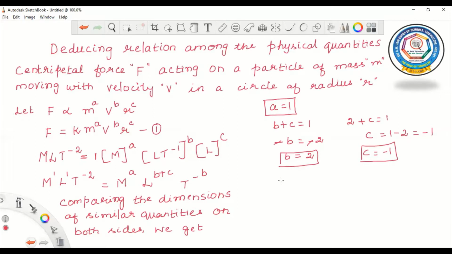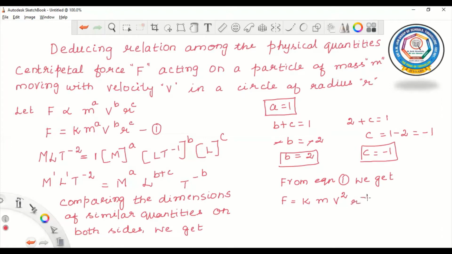So from equation 1 we get F is equal to k m. What is the value of a? a is 1, so m power 1, which is nothing but m. Then b. What is the value of b? 2, so v square. Then what is the value of c? Minus 1, so r power minus 1.